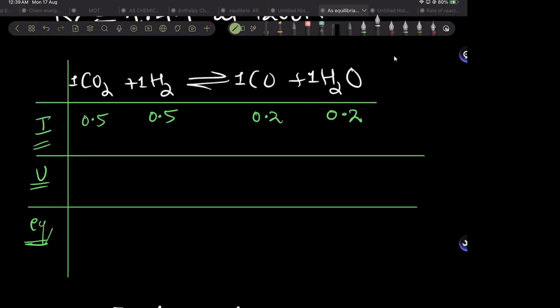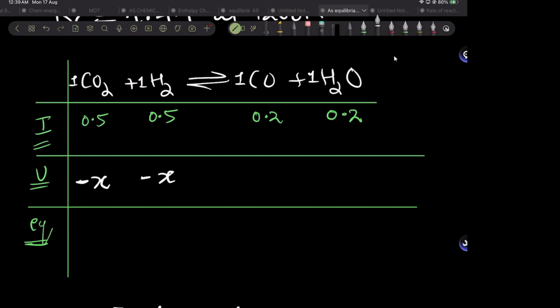So because I have the Kc value, I assume that X moles were used from here. If X moles of carbon dioxide were used, how many moles of H2 must be used from the reactant side? It's 1:1 between both these reactants. So X moles, the same.